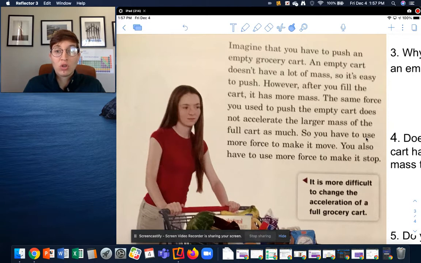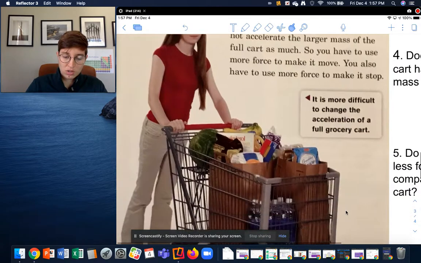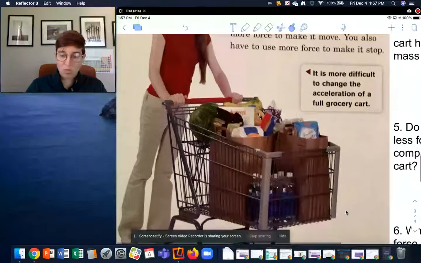So you have to use more force to make it move. You also have to use more force to make it stop. It is more difficult to change the acceleration of a full grocery cart. This one's now full of things. It has more mass.